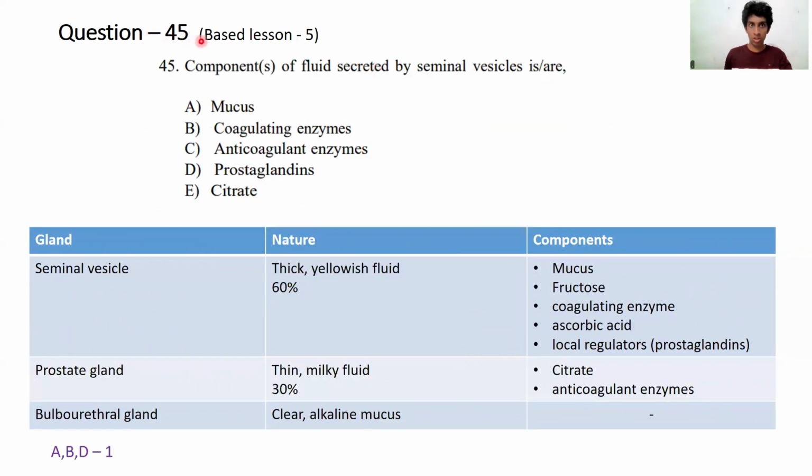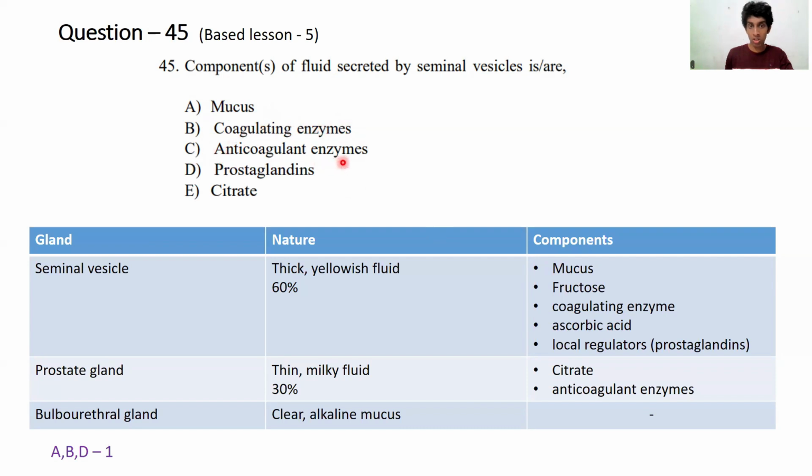Question number 45. It is based on the fifth lesson. Component or components of fluid secreted by seminal vesicles is/are. So the components of the fluid secreted by seminal vesicle are mucus, fructose, coagulating enzyme, ascorbic acid, and local regulators such as prostaglandins. So when we consider the answers, A is correct, mucus is correct, coagulating enzymes is correct.